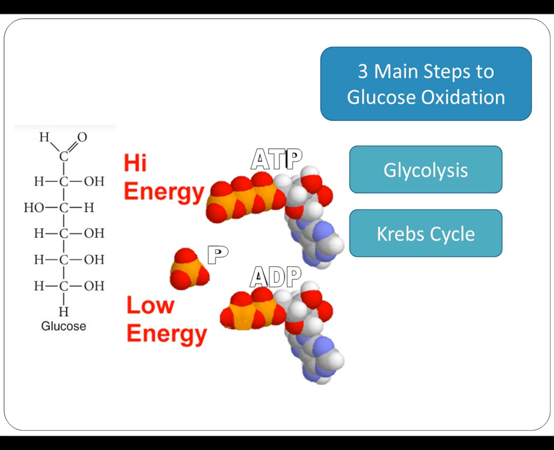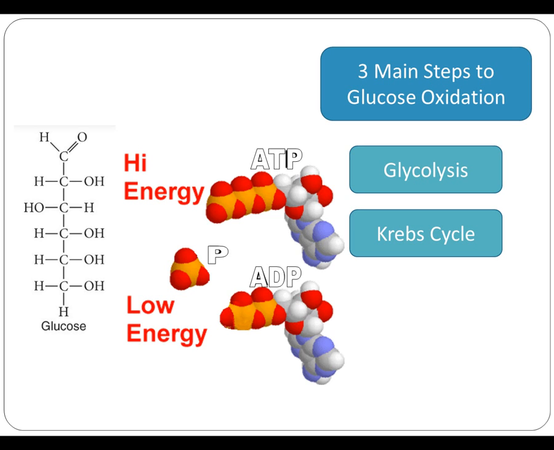The Kreb cycle occurs in the matrix of the mitochondria. It also produces two little molecules of ATP. I'm not going to give you the name yet, I'll give it to you on Thursday.